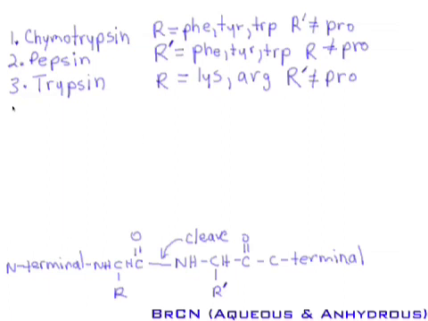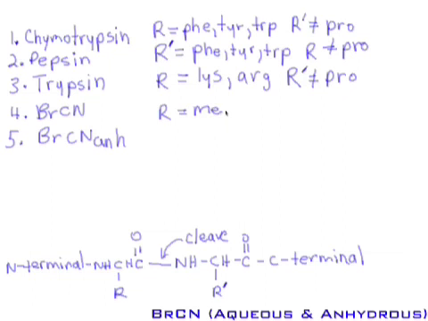Now we've got two types of bromocyanogen. This is a laboratory reagent. We can use bromocyanogen in aqueous solution, or we can use bromocyanogen in anhydrous conditions. Bromocyanogen reacts with methionine. It cleaves when the R group is a methionine, cleaves to the right of it.